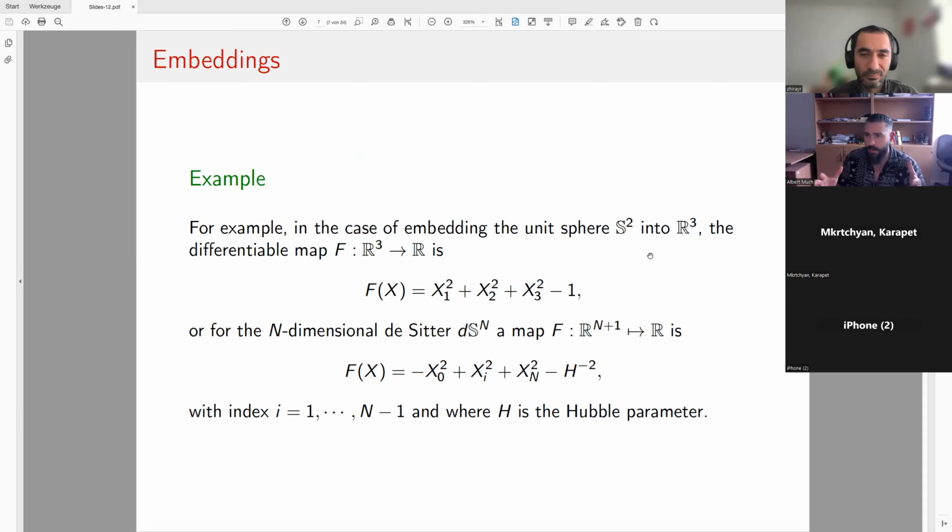This is your embedding function. This is the usual way you study the sphere in the first, second, third and fourth semester: you get these coordinates with cosine, sine, and so on. And you can do the same for de Sitter, of course.